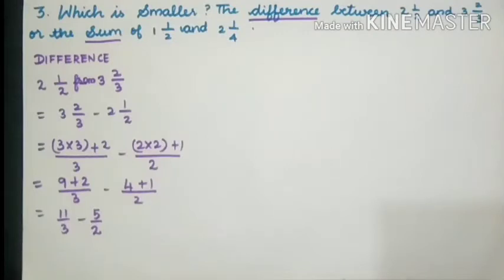To find the difference, here the denominators are not same. To find the common denominator, we have to use the cross multiplication method.